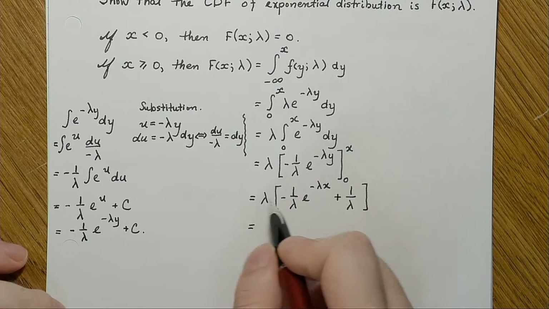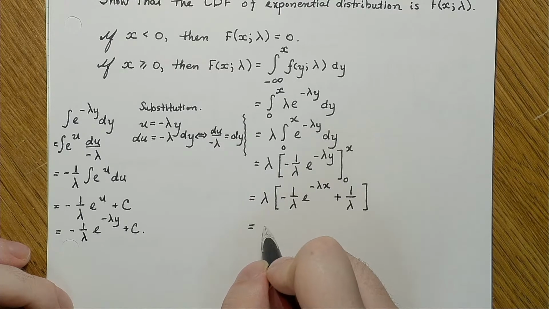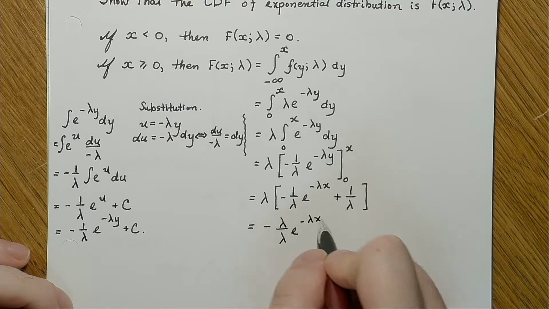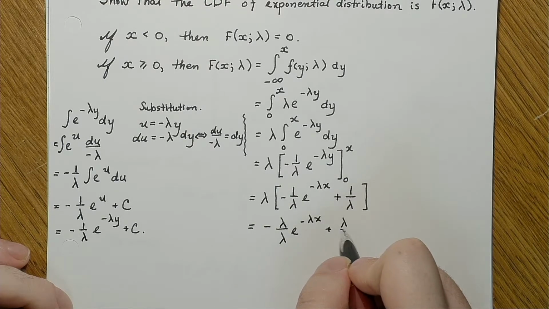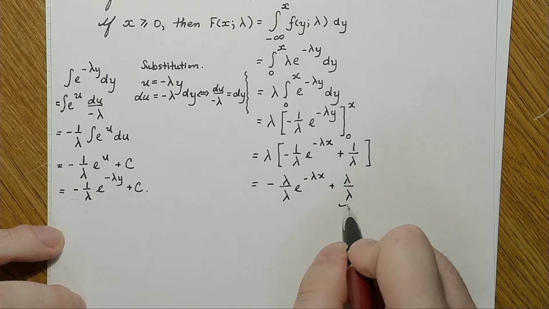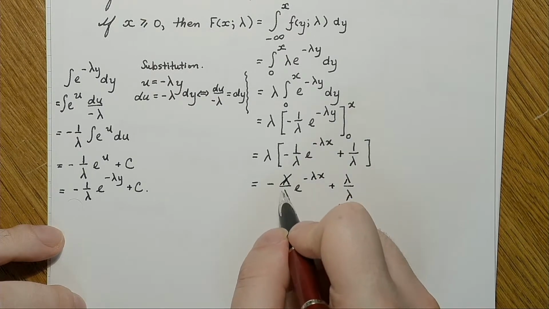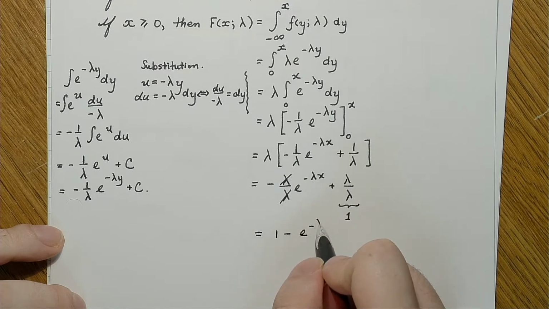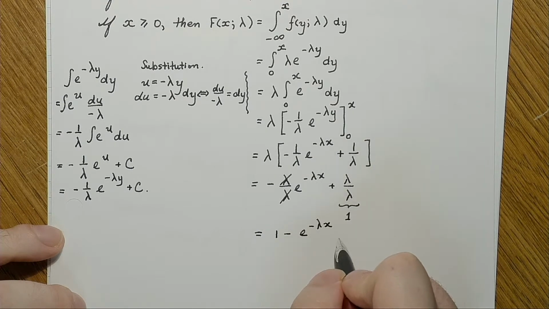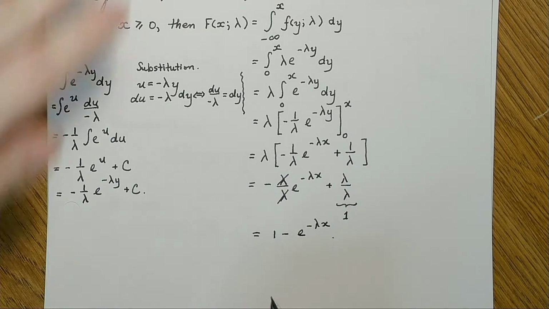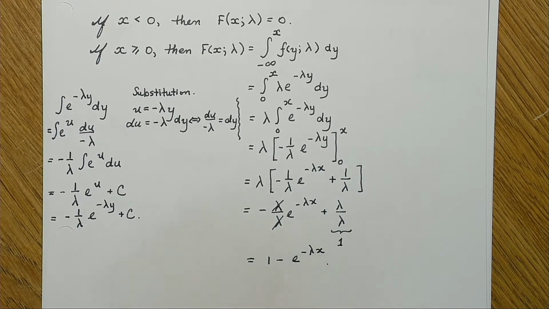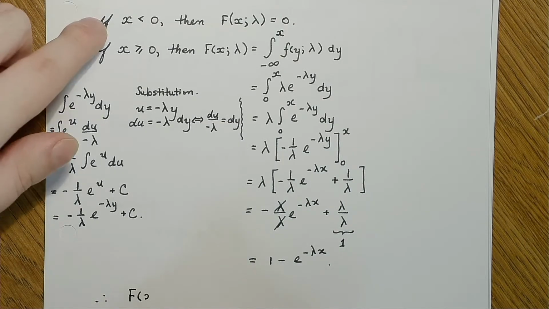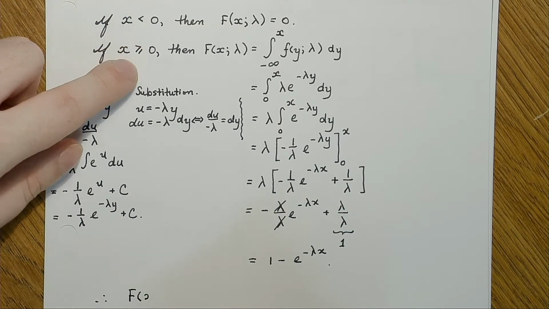Okay, so now I can distribute this lambda. I get minus lambda over lambda e to the minus lambda x, plus lambda over lambda, so that's 1. And so I'm left with 1 minus e to the minus lambda x. Therefore, I have my two cases that I considered, x less than 0 and x greater than or equal to 0.